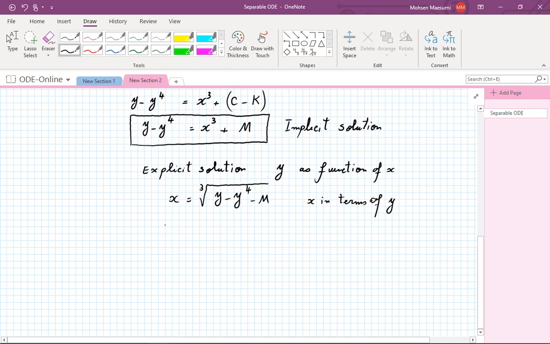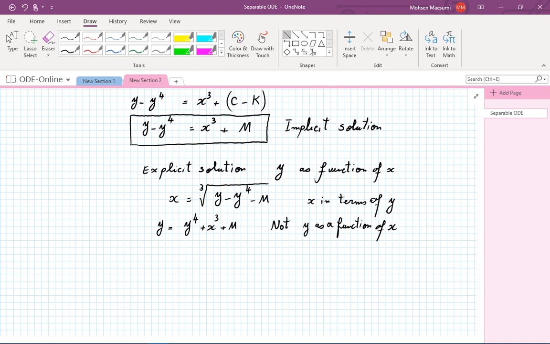Just moving y to the fourth to the other side is not a solution of y as a function of x, because y again shows up on the other side of this equation, and that is a no-no when you're describing a function.